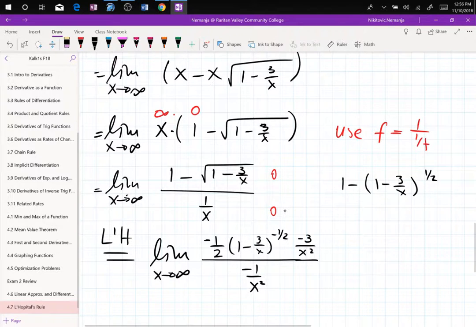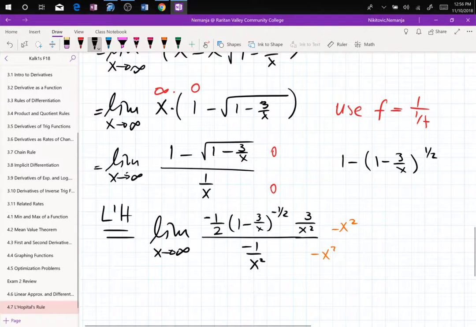It's positive, because there's a negative inside and the negative from the derivative, so it's positive as expected. Now I am going to multiply numerator and denominator by negative x squared to completely kill off the denominator. More algebra here. That's limit x goes to infinity. I have positive 3/2.